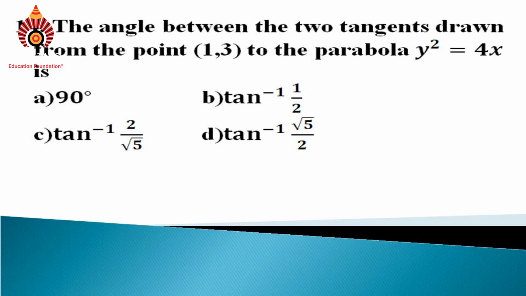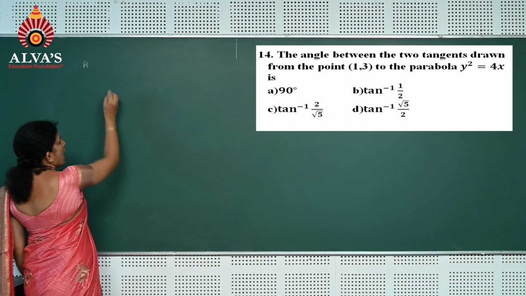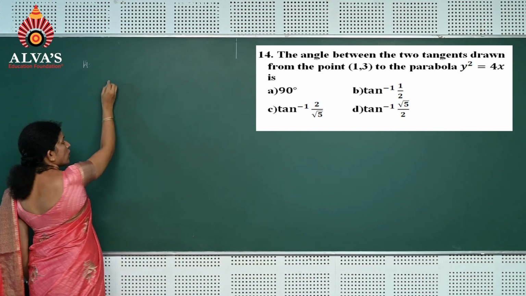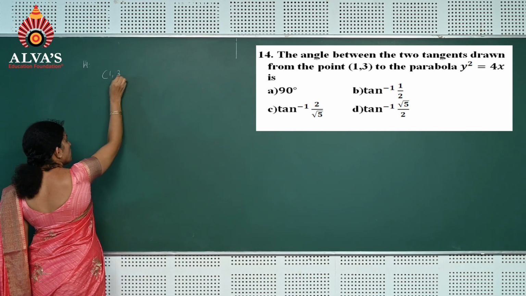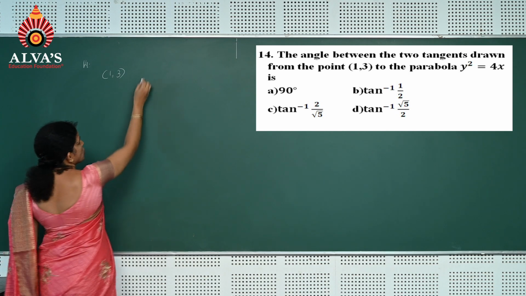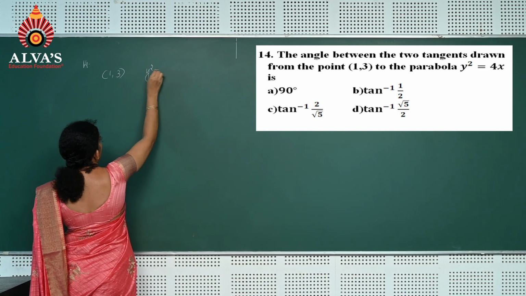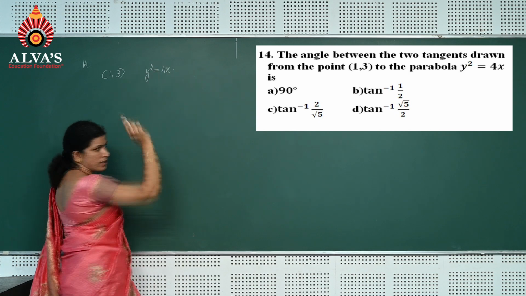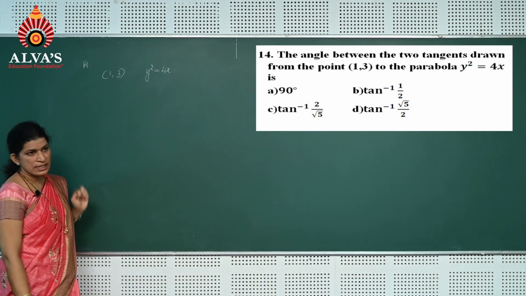Come to question number 14. The question is, the angle between the two tangents drawn from the point (1, 3) to the parabola y square equal to 4x. There is a result.